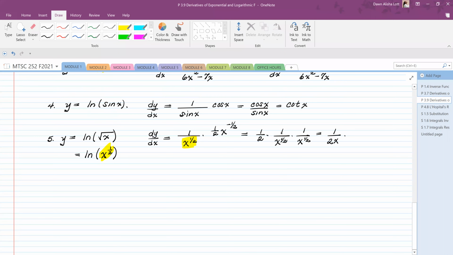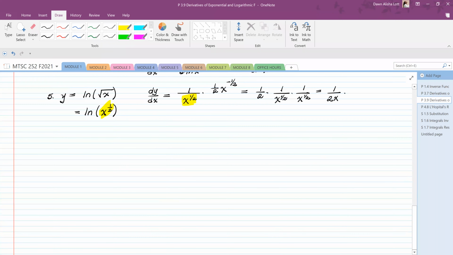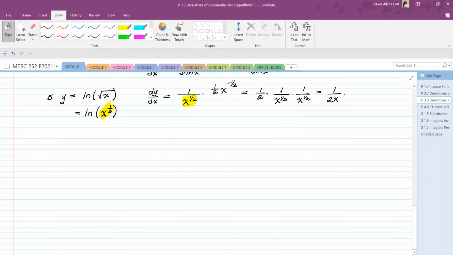All right, so I want to look at some properties of logarithms, because properties of logarithms can make differentiating logarithms easier. Okay.